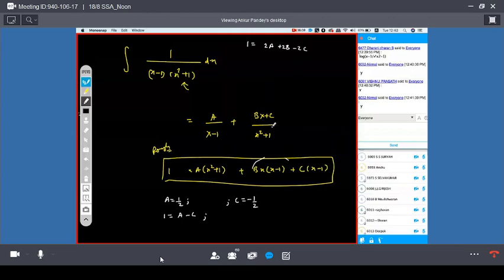Yes or no? Equal to 1. Now you know that a is 1 by 2. Cancel 1 0. 2. C is minus 1 by 2 is equals to 2b. So b is also minus 1 by 2. Got it or not?